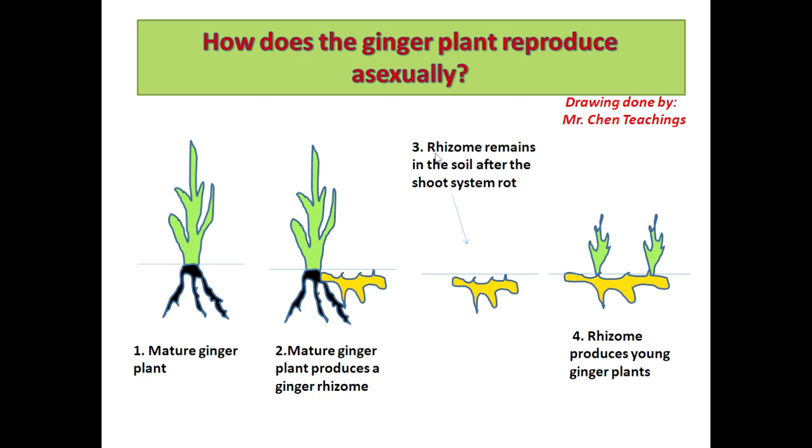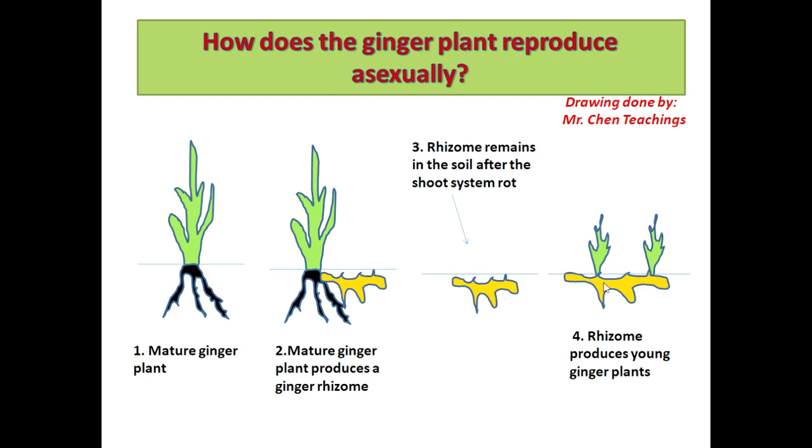Okay. Three, the rhizome remains in the soil after the shoot system rots. So what will happen if the rhizome remains under the soil even after the plant rots? This ginger will grow into a new plant. Using that stored food and the buds that it has, and the hormones in it, it will grow new plants. So at four, the rhizome produces young ginger plants. The stored food will produce the energy to grow those buds.